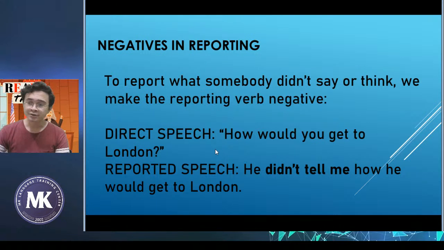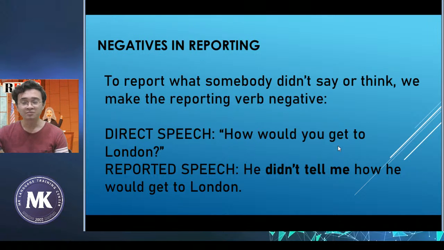And if you notice also, after "how" it is followed by subject and verb, right? But for direct speech, we use "how," modal, subject, and followed by the main verb.